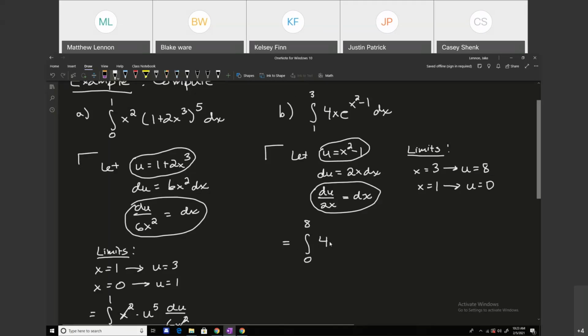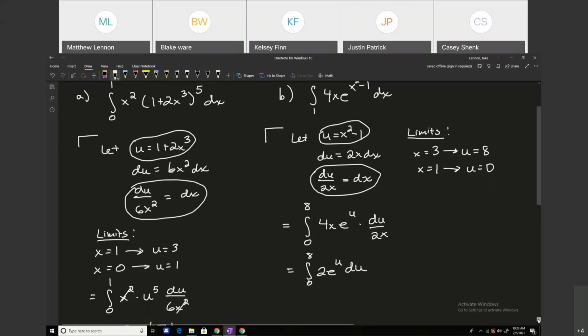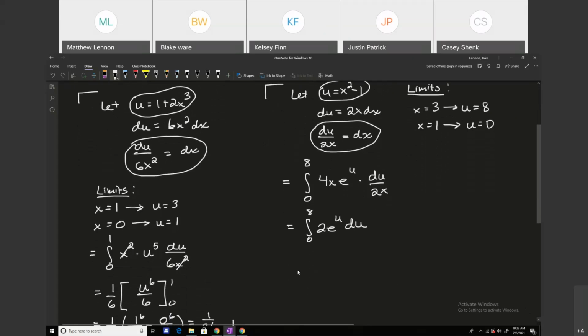of 4x times e to the u times du over 2x. And 4x divided by 2x comes out to 2. So we get the integral from 0 to 8 of 2 e to the u du. And that's a very easy integral because the antiderivative of e to the u is just itself, e to the u.